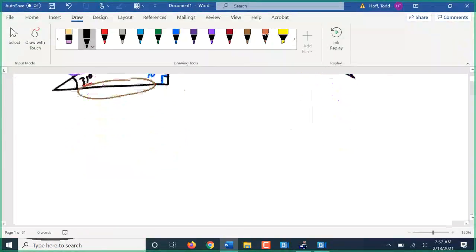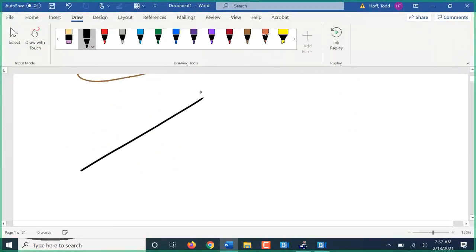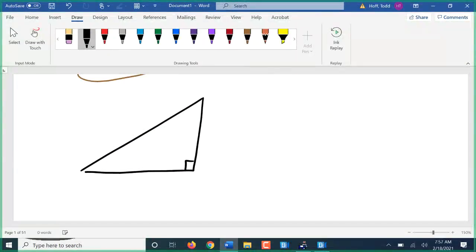So the consequence is, once I know that they're both right triangles, if I know that one angle is the same, I drew this one rather poorly.